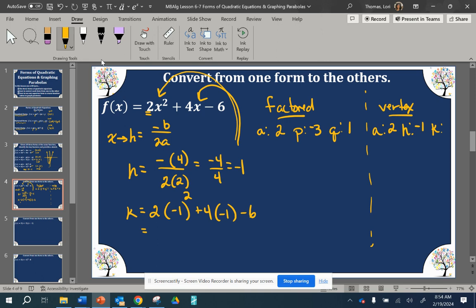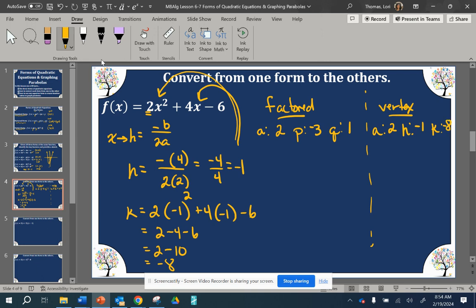You could plug this directly into your calculator, again, using parentheses around your -1 value. I'm just going to do this by hand. So I'm going to square my -1. That gives me +1. Times 2 is 2. 4 times -1 is -4. And then we have our -6. So 2 minus 10 is going to give us a k value of -8.